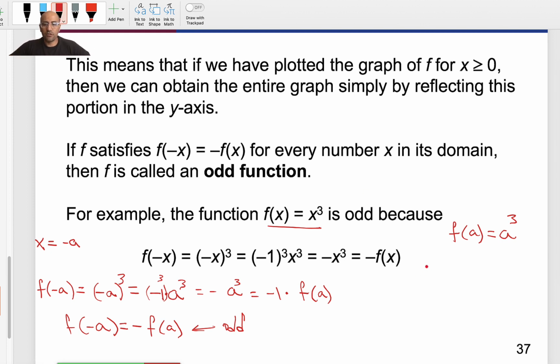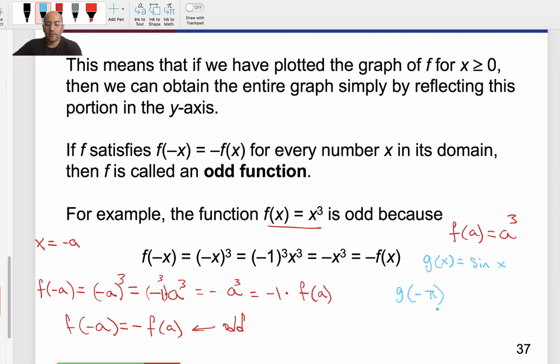Good, maybe. Another one is the sine function. So if we had g of x equals the sine function, so let's say g of x equals sine of x. As one individual example, let a equal, let's say, pi, g of negative pi.